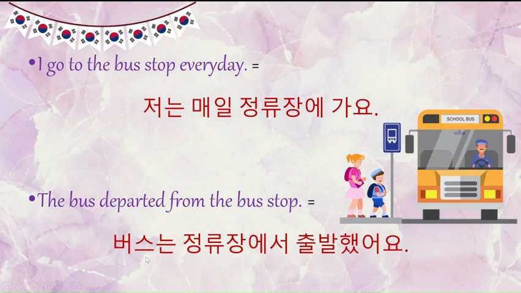Here we are talking about the location from which something or someone starts. Departs or starts means the same thing. So here the bus departed from the bus stop, and therefore we have used the particle 에서 to indicate the location from which something or someone starts or departs, that is 정류장 in this case. So this is the difference between these two particles when used as location particles in Korean sentences.